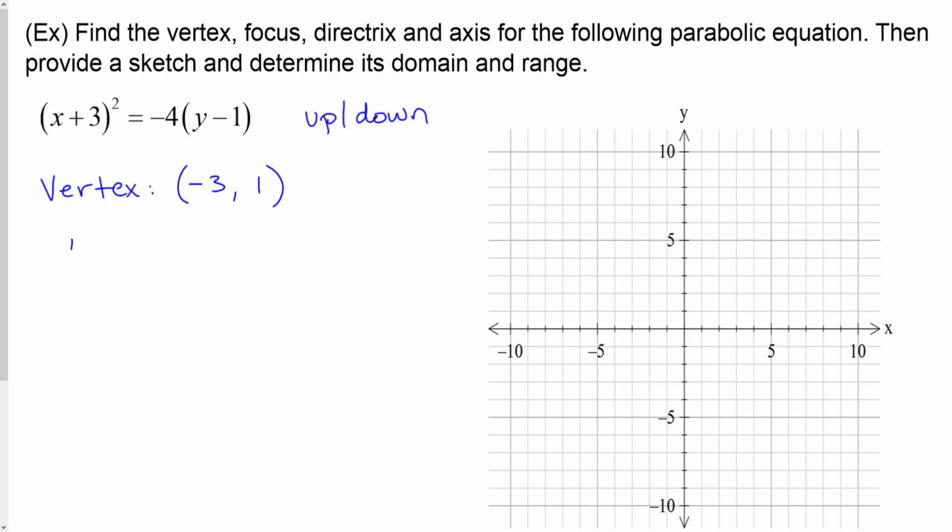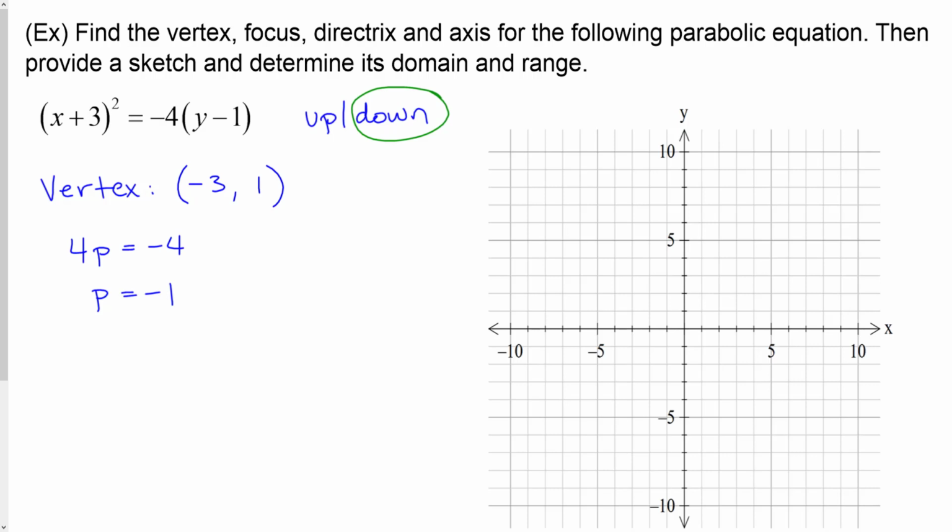So from my formula, 4 times p is equal to -4. So p is equal to -1. What this means is my parabola is pointing in the negative direction, so it's going to be pointing downward because p is negative. And the distance from the vertex to the focus is 1 unit.